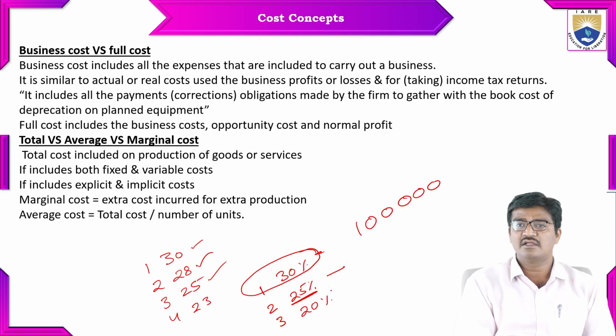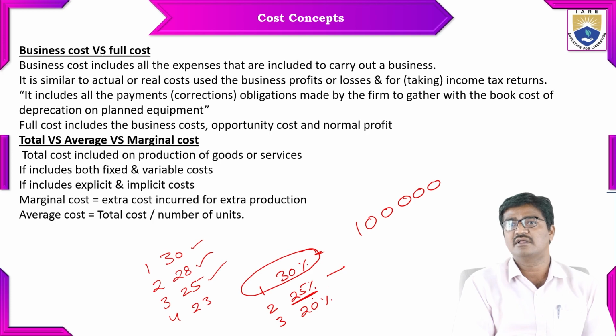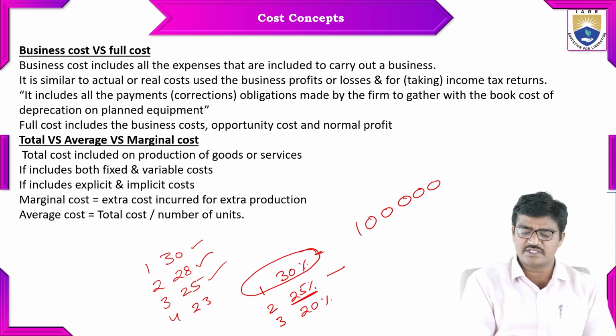If you had selected the second investment alternative, you might get 25% of return. So your actual return is less than the opportunity cost. In this situation, you withdraw your funds from the first best alternative and invest in the second best alternative. This is called disinvestment from the first alternative and investing in the second best alternative.